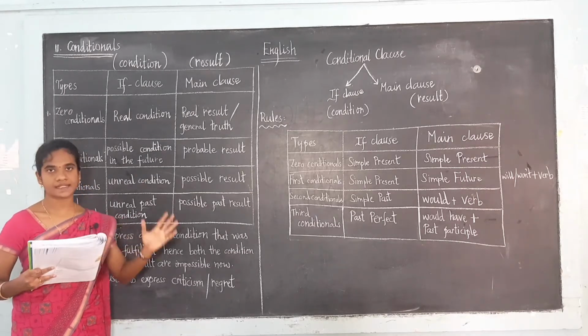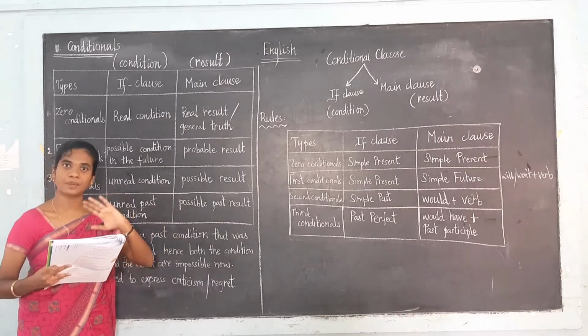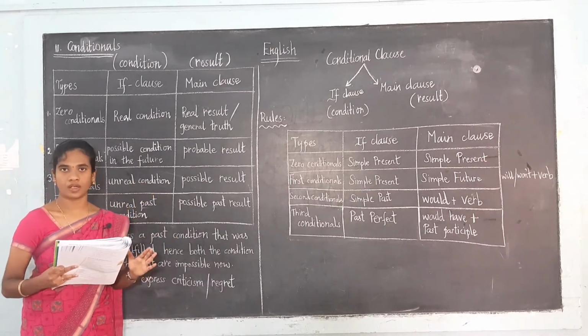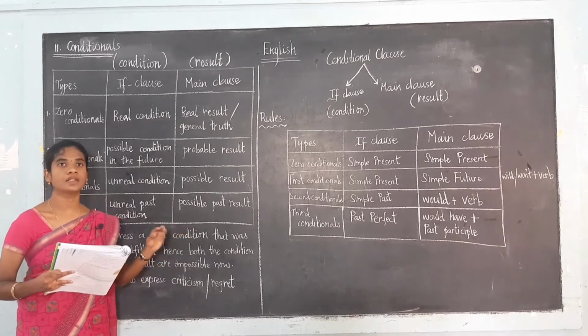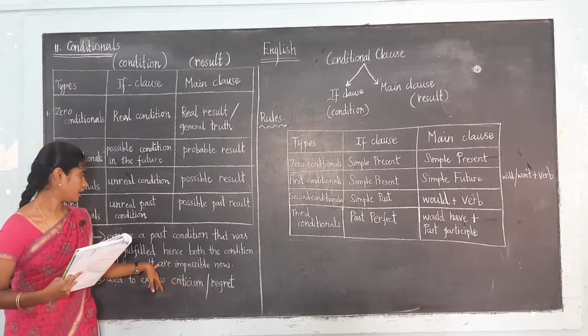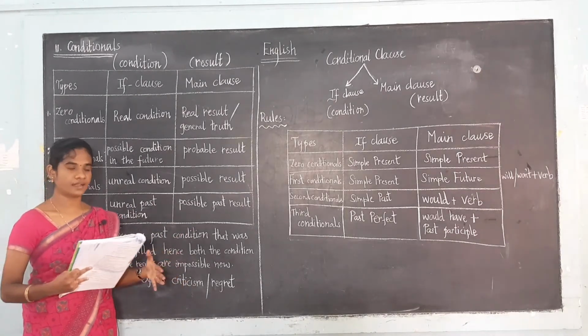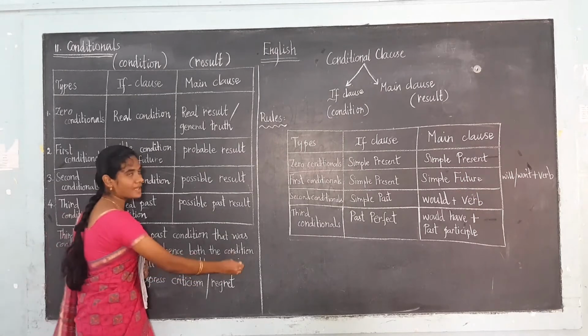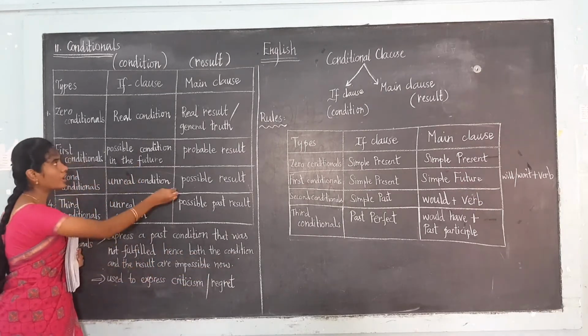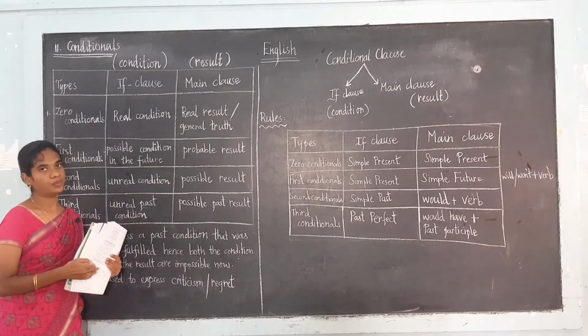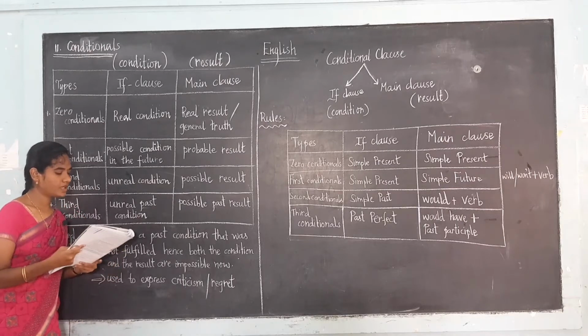So here, what is the past condition? The person has slept longer, so the condition was not fulfilled. Hence the condition is nothing but the if clause, and the result, the main clause, is not possible now.